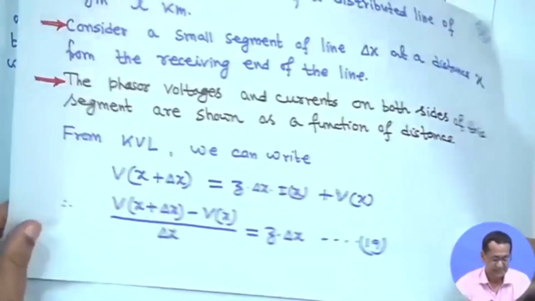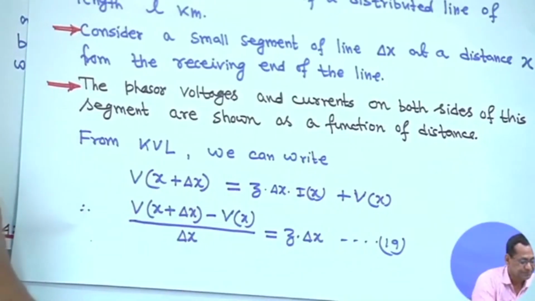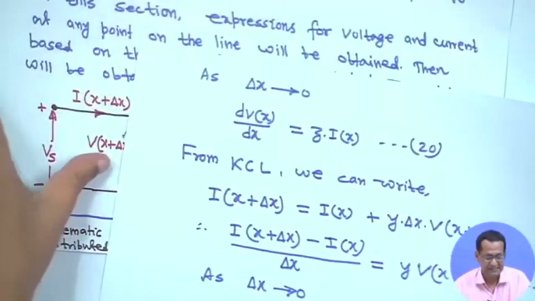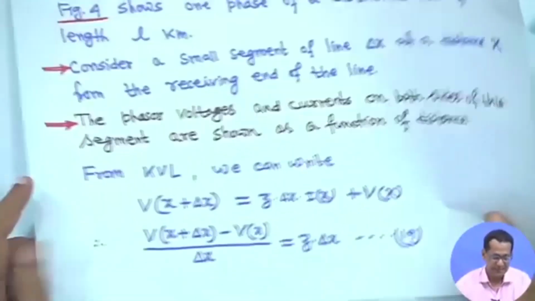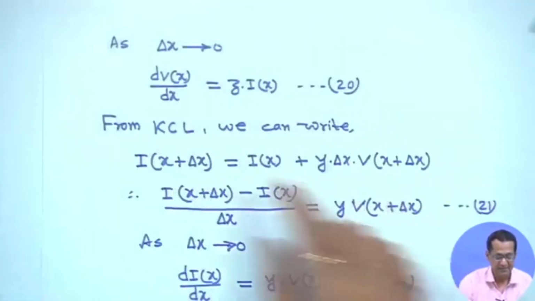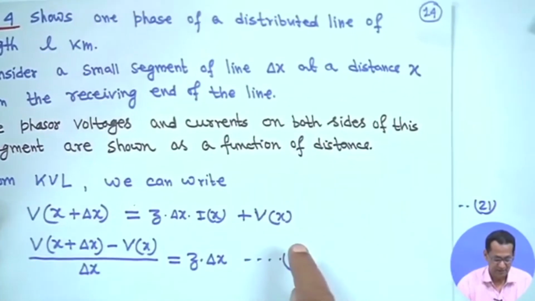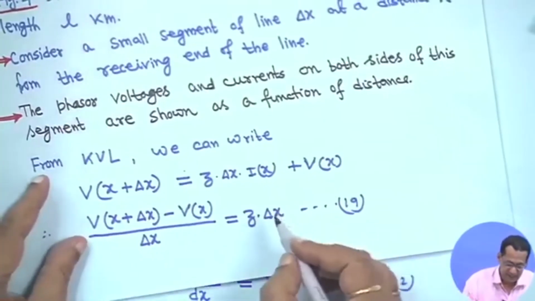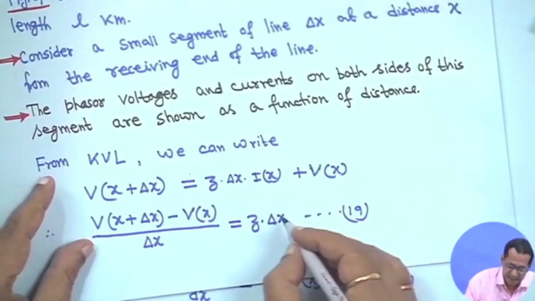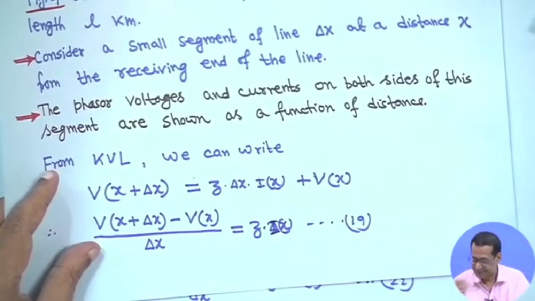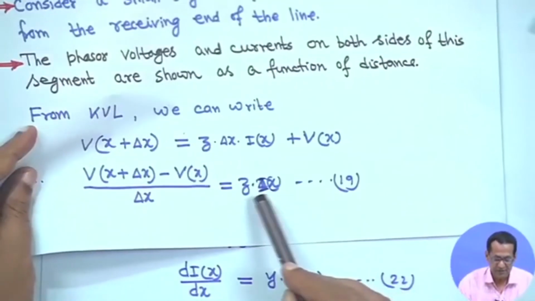Now, if delta x tends to 0, this equation can be written as dVx upon dx equals small z. Here I have missed one thing, it is I x, a writing error, it is small z into I x. So dVx upon dx is equal to small z into I x.